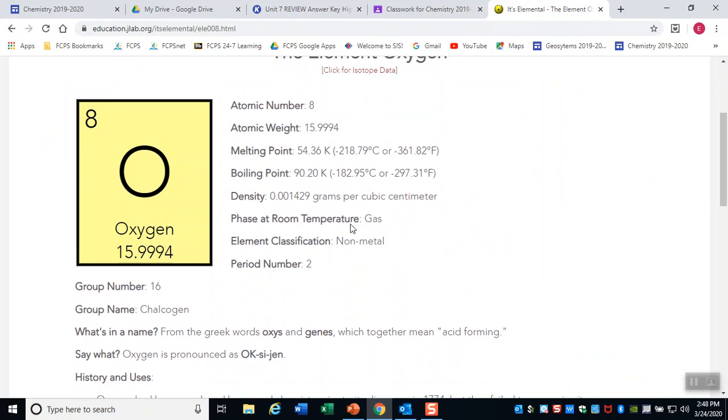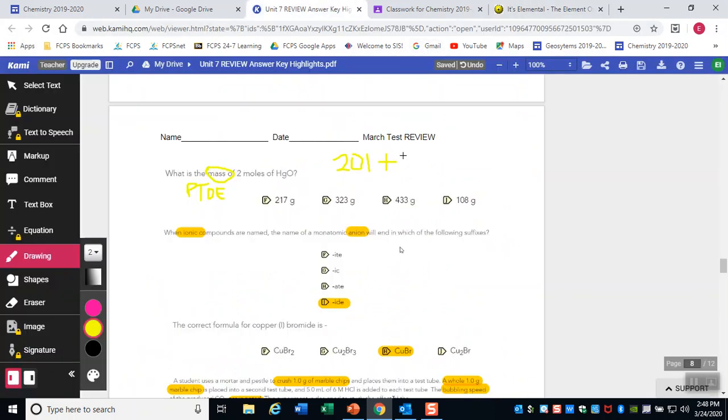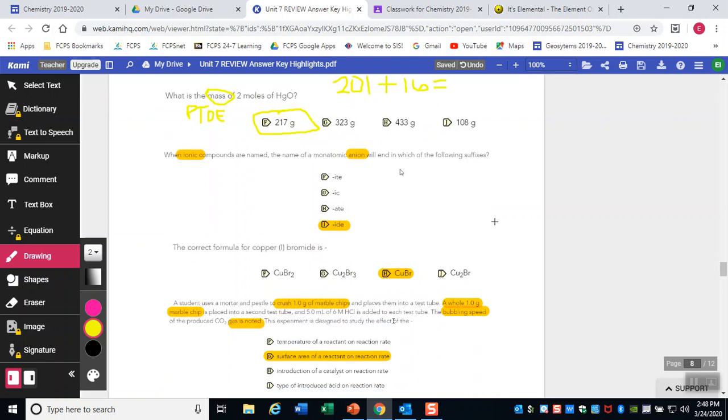And oxygen is 16, and a lot of you probably know that by heart. 16. We add them together, so that would be about 217 grams, right? Mass is always grams. And the units tell you what to do. If you're finding grams, think periodic table.